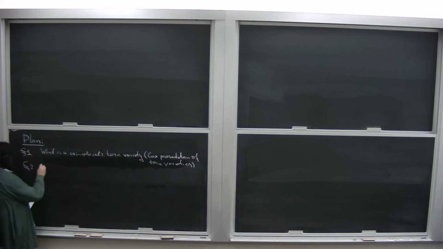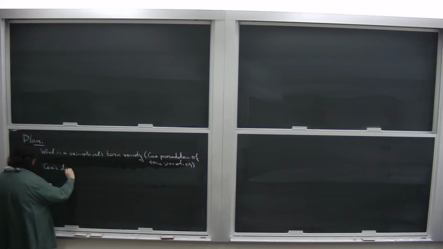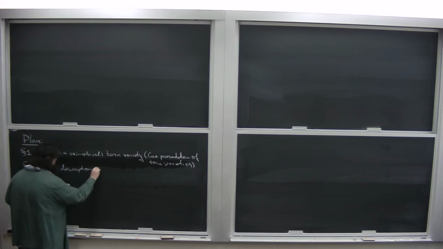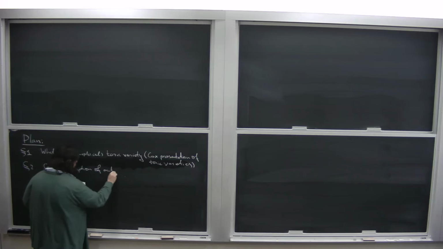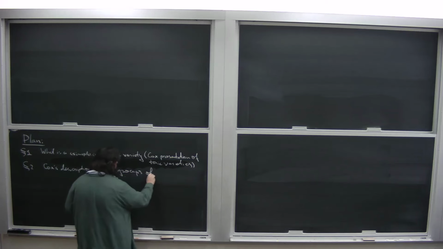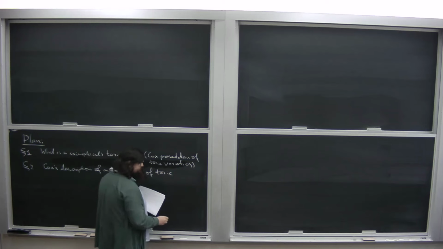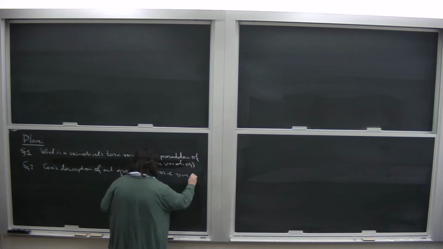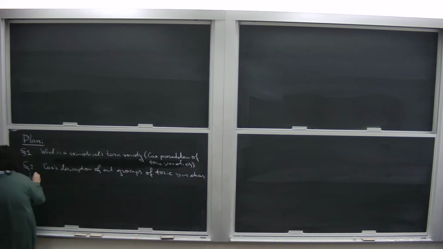The next part would be Cox's description of automorphism groups of toric varieties. Well, it will be a sketch anyways.